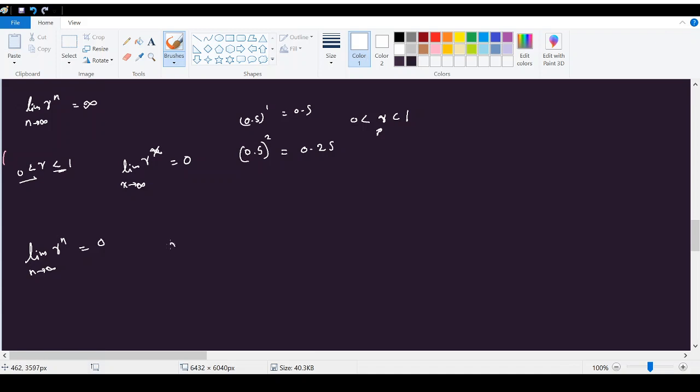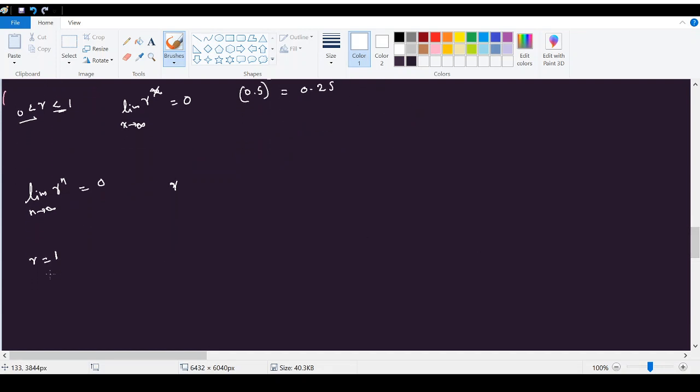And how about the case where r is equal to 1? When r is equal to 1, if we consider the sequence, it will be r to the power 1, r to the power 2, r to the power 3, r to the power 4, likewise.